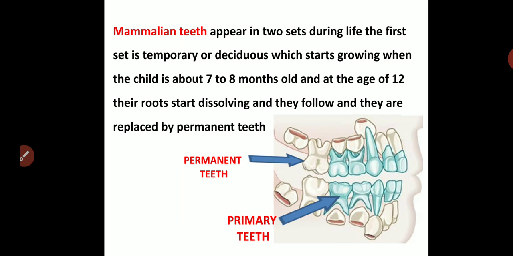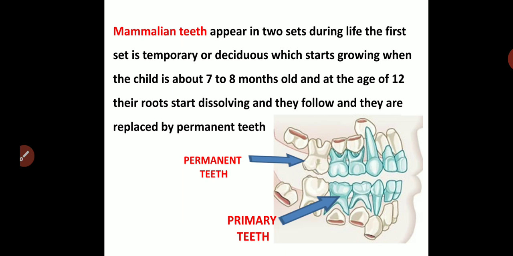Now coming to the mammalian teeth, that is, what type of tooth do we have right from childhood? We first usually have something called deciduous teeth. That is, mammalian teeth appear in 2 sets during the life of a person. The first set is deciduous teeth, and they start developing when the fetus is only 2.5 months old, still in the womb of the mother.